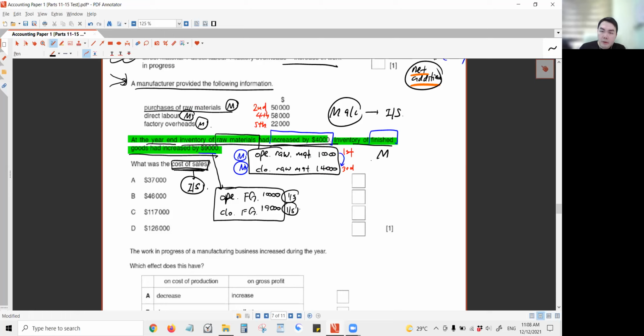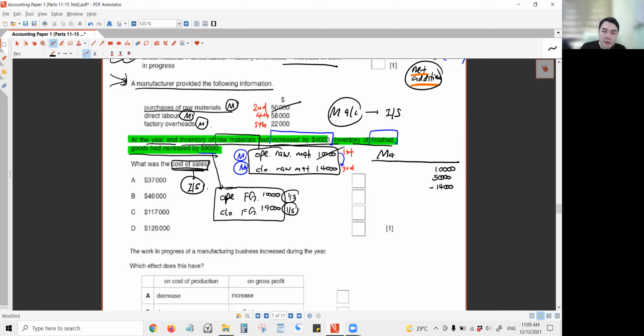So the manufacturing account starts with 10,000, plus purchases of raw material 50,000. Then minus closing raw material, 14,000.